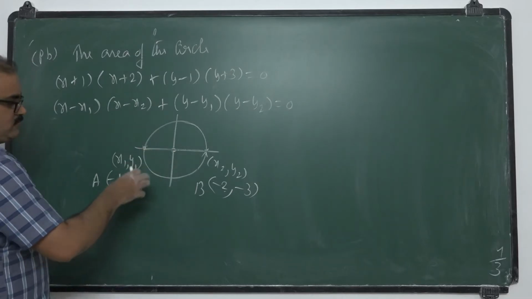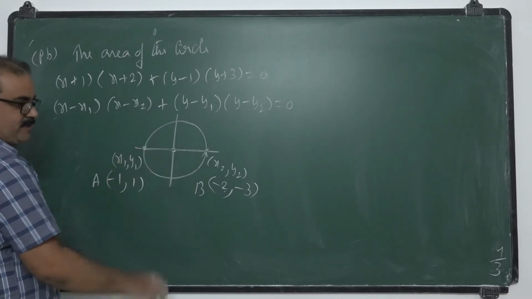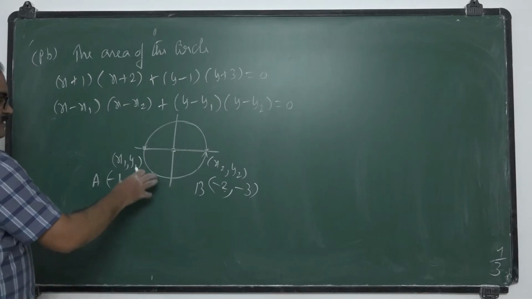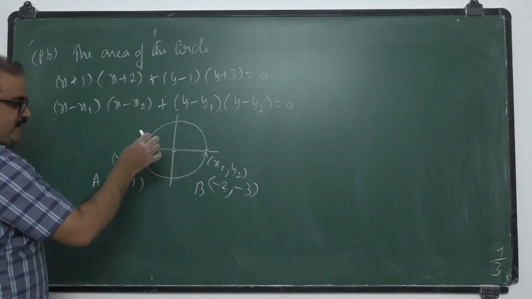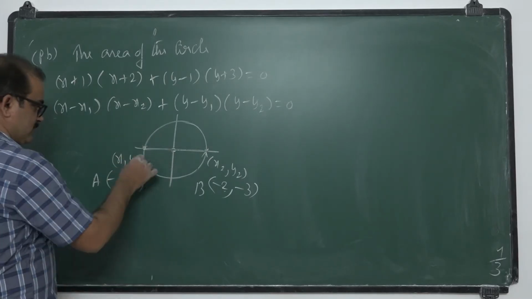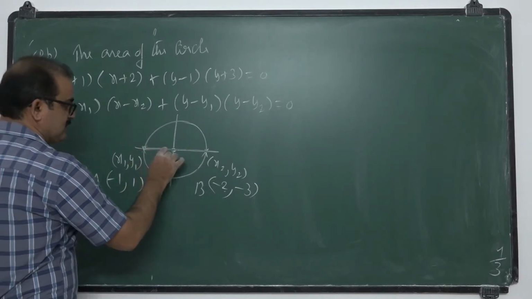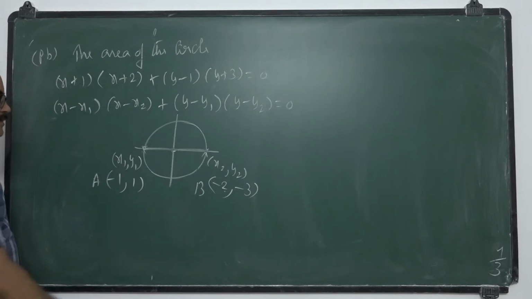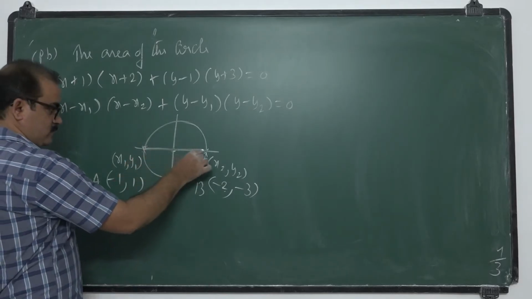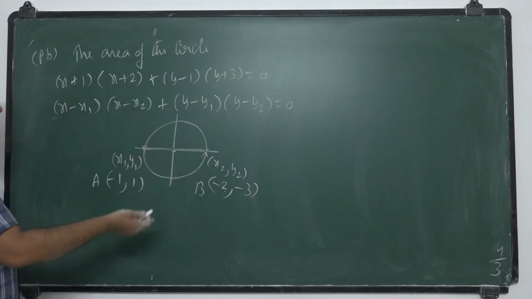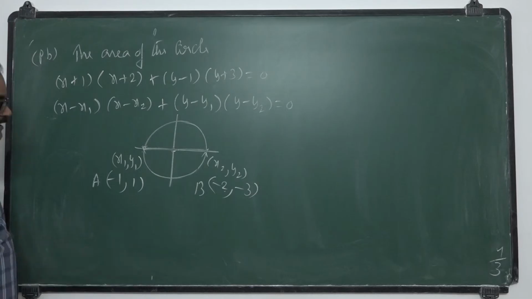We know the area of the circle is pi r square. For this we find the radius r. The distance between these 2 points A and B is the length of the diameter. If the diameter is known, then immediately we get the radius.